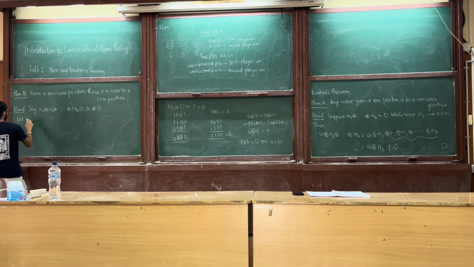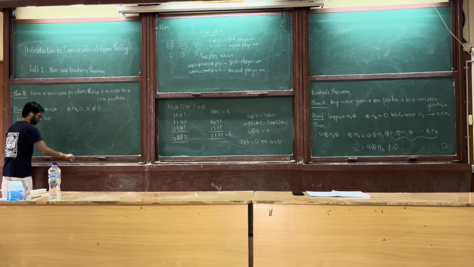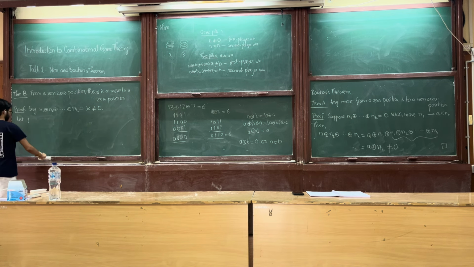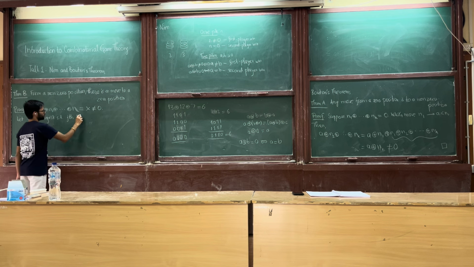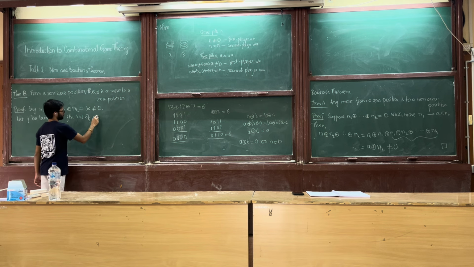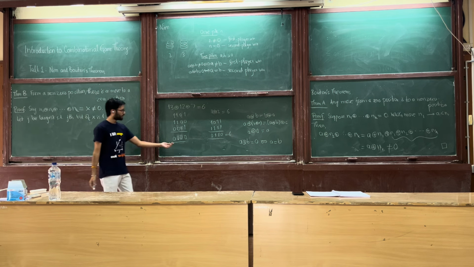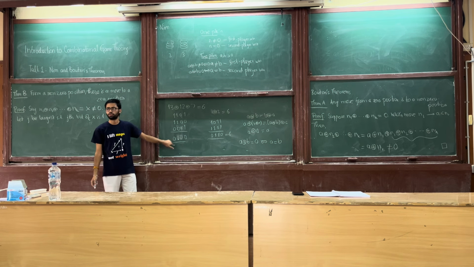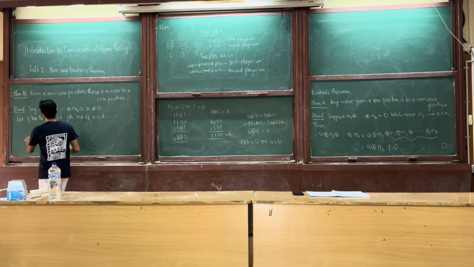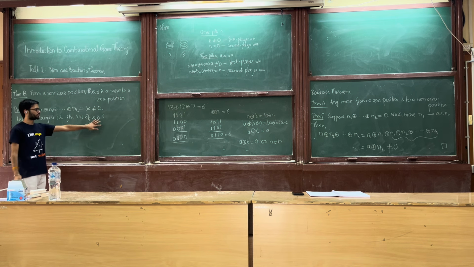So that j is the largest such that the jth bit of x is 1. I start with counting bits from here. So this is the 0th bit, this is the first bit, this is the second bit, and so on.